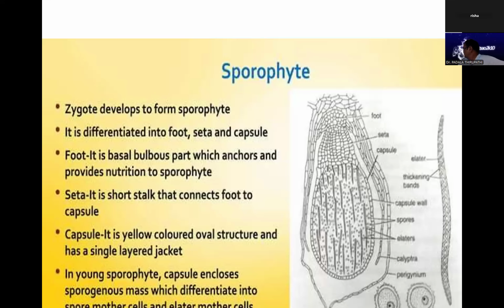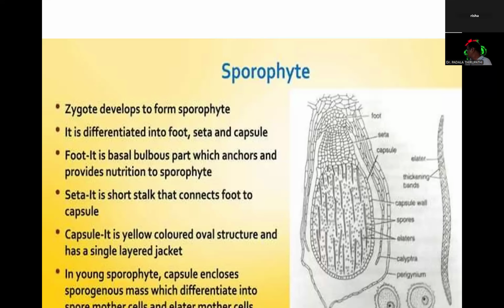It helps in attachment and also provides nutrition to the developing sporophyte. Below the foot in the diagram, you see the seta. The seta is somewhat short. It is the stalk that connects the foot to the capsule. It helps in attachment only.